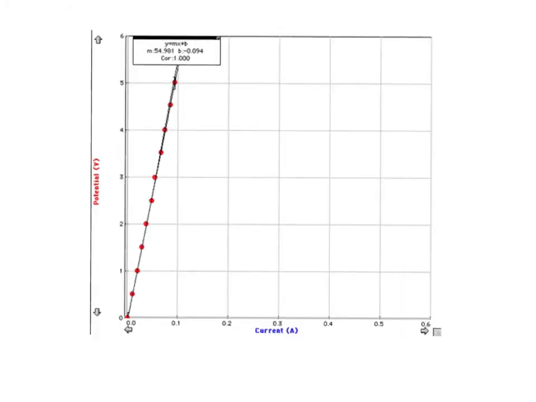So let's try this out for a different resistor. This resistor is 55 ohms, and I notice first of all that this line is a lot steeper, noticing, although the scale is different down here, that more pressure is needed to produce the same flow rate.